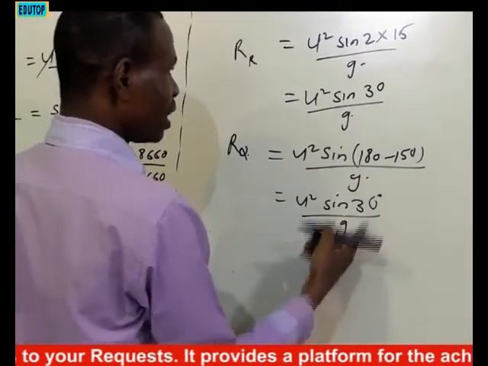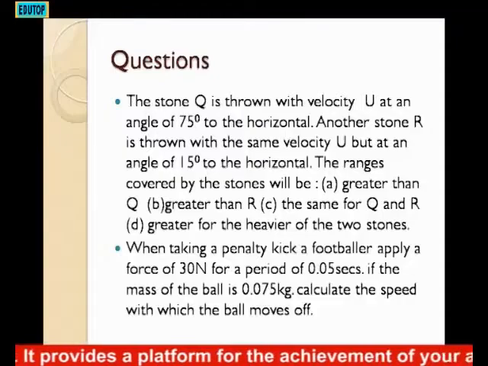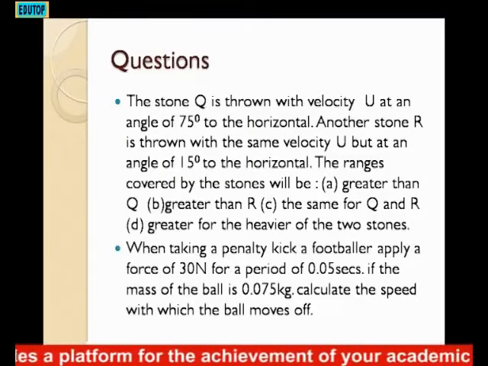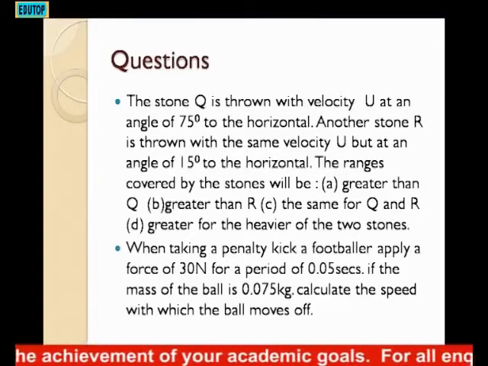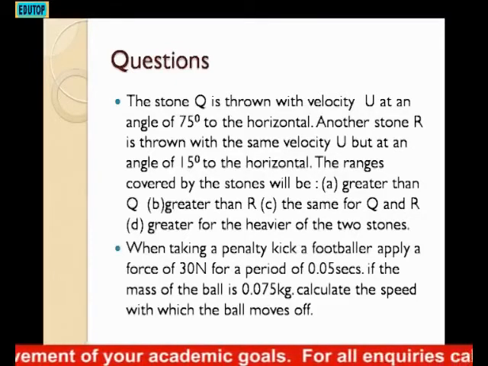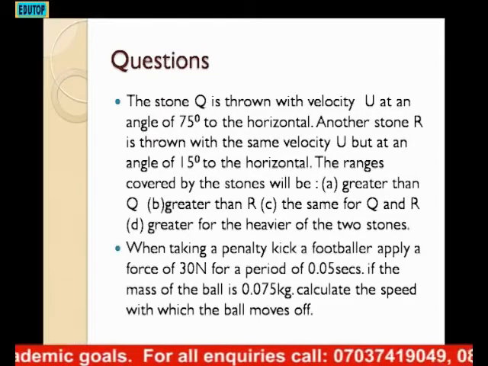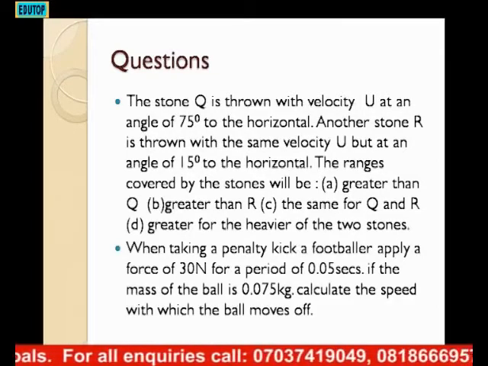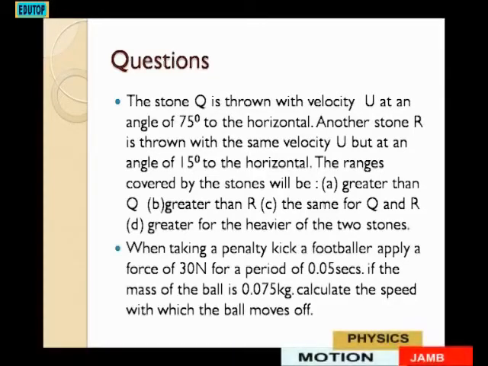The question says, what will be the range of the two stones? From the options we have here, option A says the range covered by stone will be greater than Q. Option B says the range covered by the stone will be greater than R. Option C says the ranges covered by the stone will be the same for Q and R, and that is the best option.